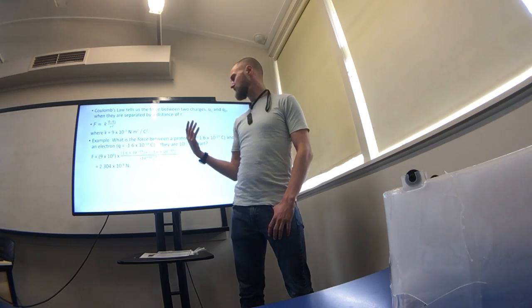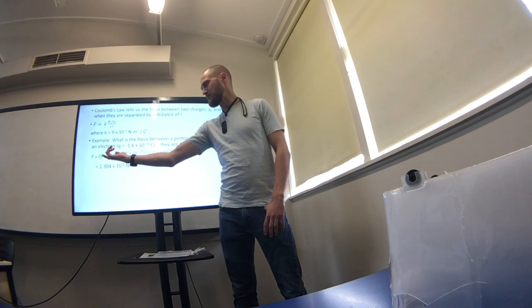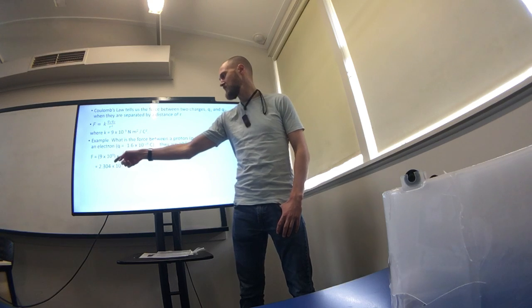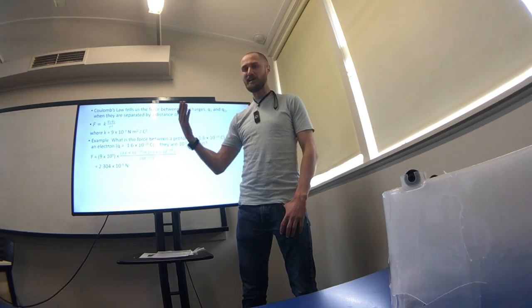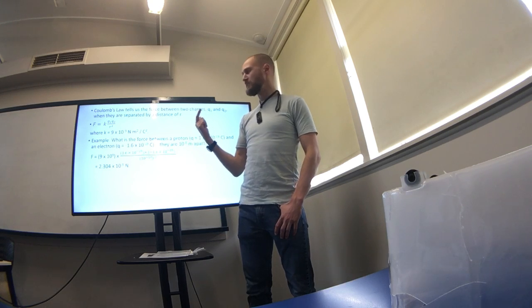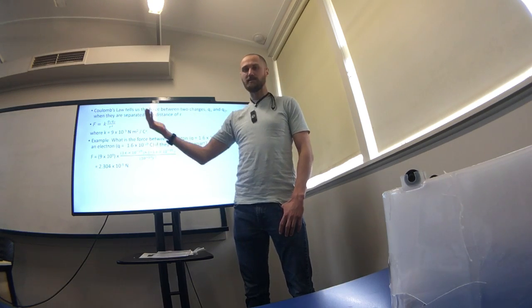So this is just good practice. I'd recommend doing it, but don't feel obliged to, because if there weren't brackets on these, you'd get out the exact same answer, 2.304 times 10 to the minus 8 newtons. So that's a fairly basic type of question where it's just two charges, what's the force between them?